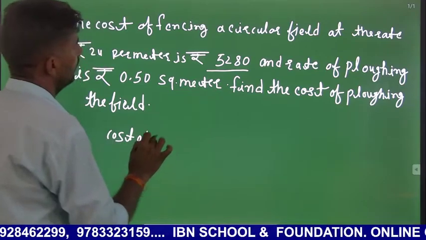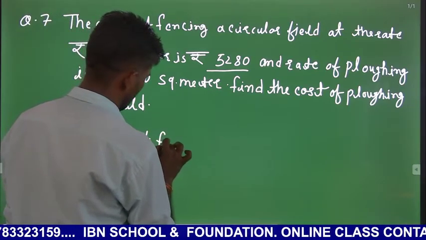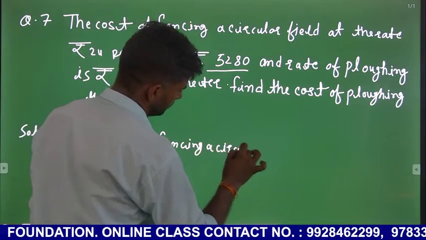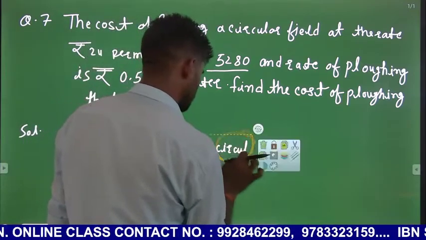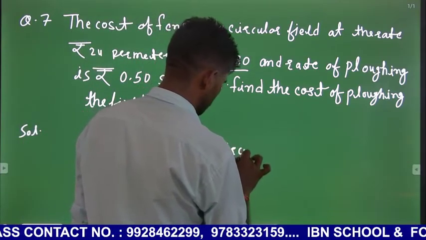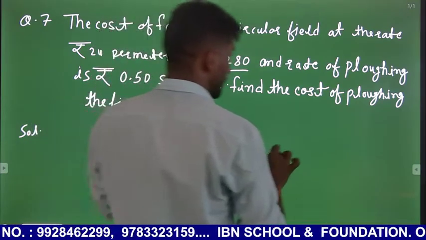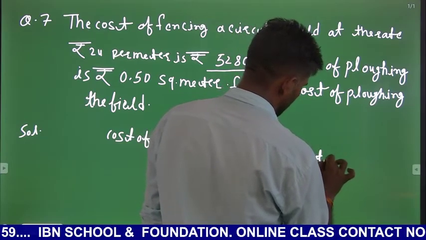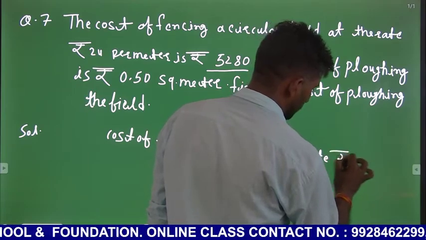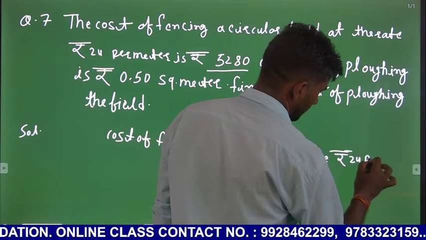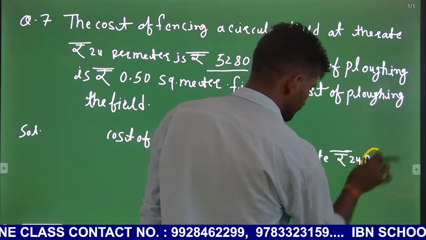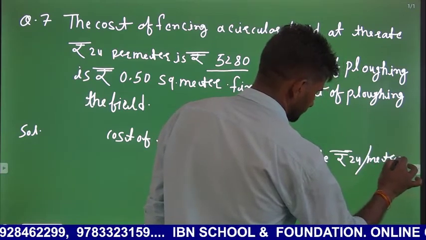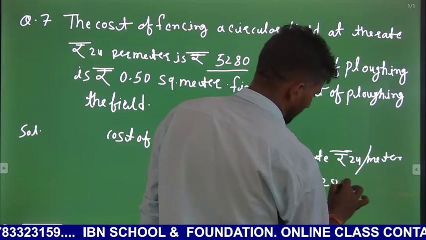So firstly we find the perimeter. The cost of finishing a circular field at the rate of 24 rupees per meter is 5280.